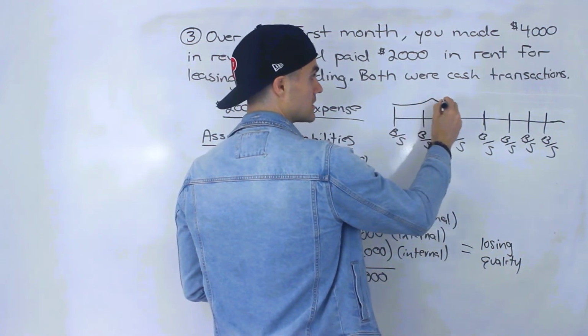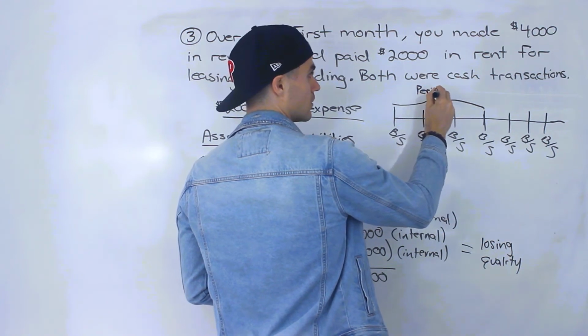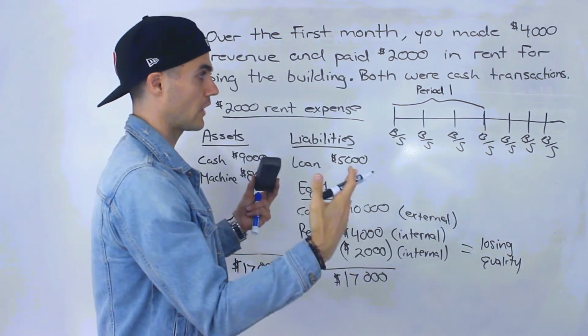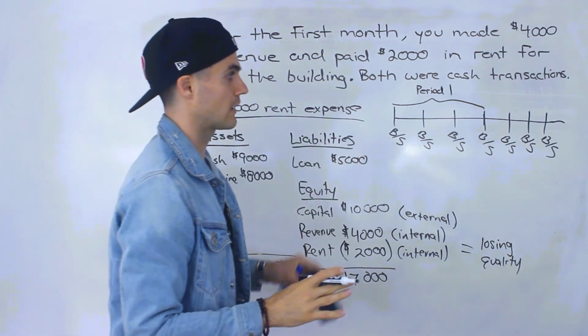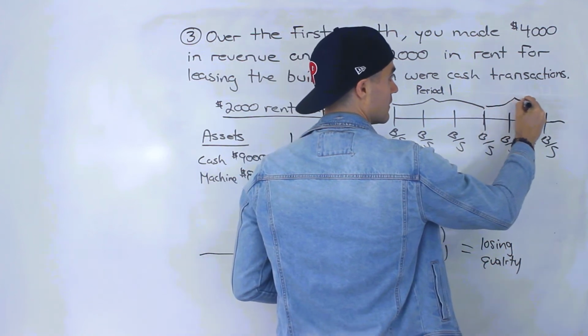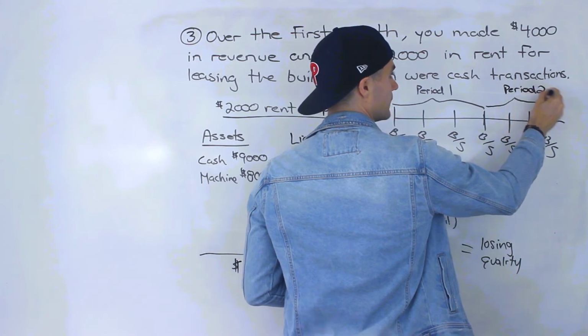Let's say this here is period 1. Right? Let's not say it's a week or a month or a whole annual period. Let's just call it period 1 for now. Let's keep it general. And then let's say that this here is period 2.